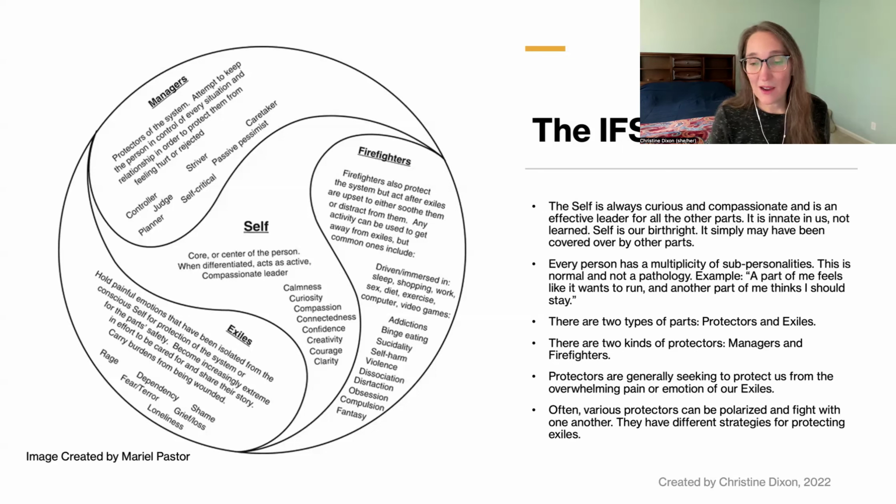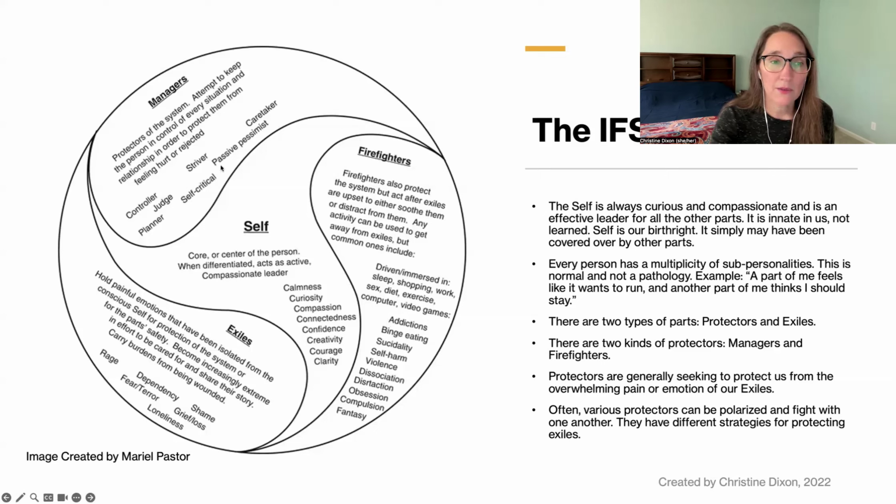And the last one says, often various protectors can be polarized and fight with one another. They have different strategies for protecting exiles. Right. So often you'll have, say, some addiction parts who are very polarized with a critical part over here that judges them as very bad and really wants to try to get them to go away.